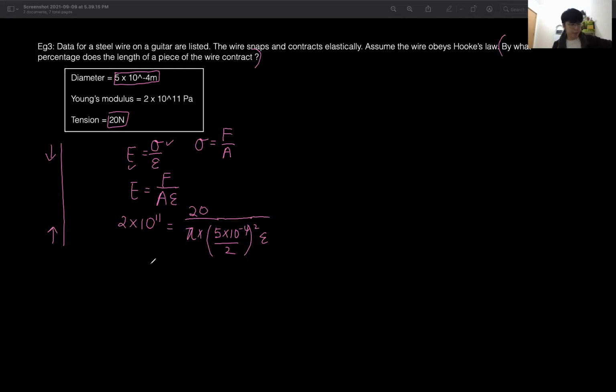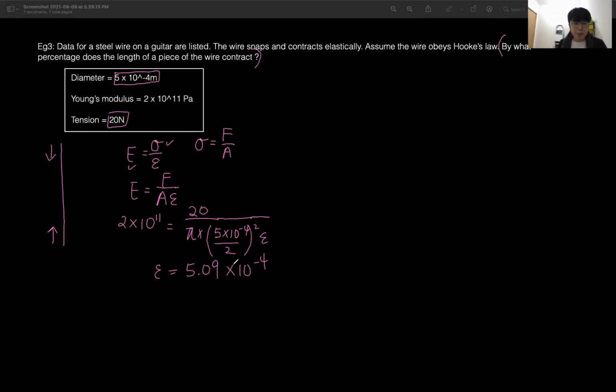Calculate this, and we get epsilon equals 5.09 times 10 minus 4. This is the strain.